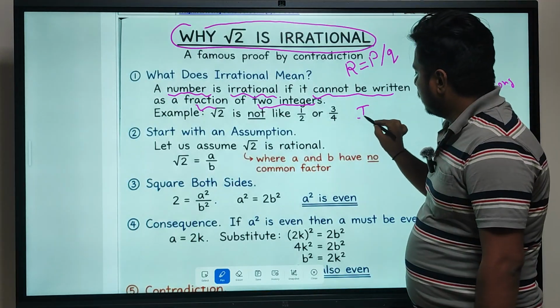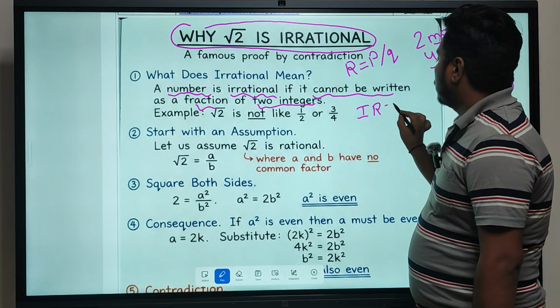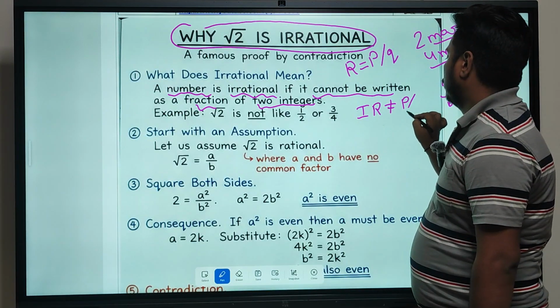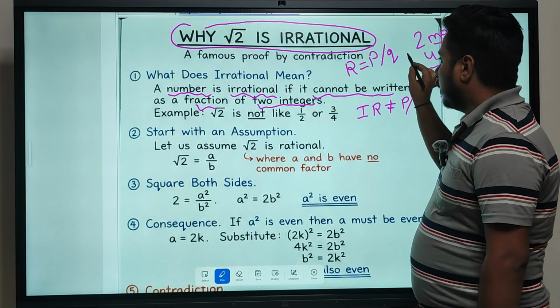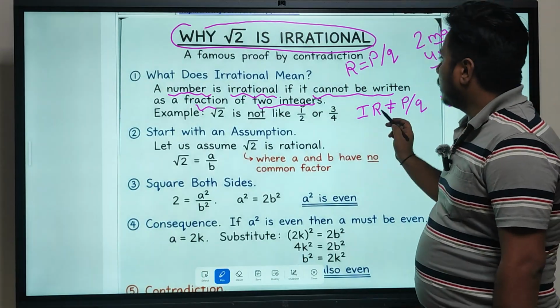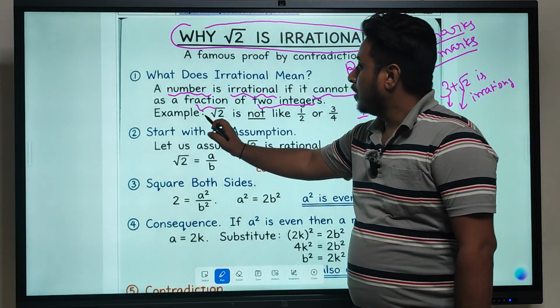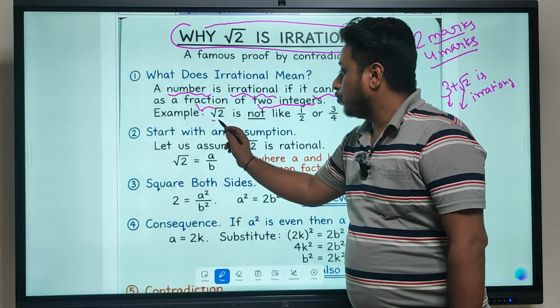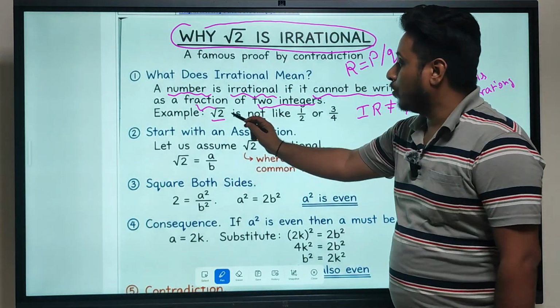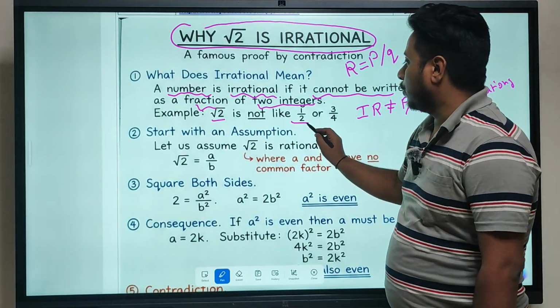If it is an irrational number, then we are not able to write it in the form of p by q. For example, root 2 is irrational. So we are not able to write root 2 as 1 by 2 or 3 by 2.